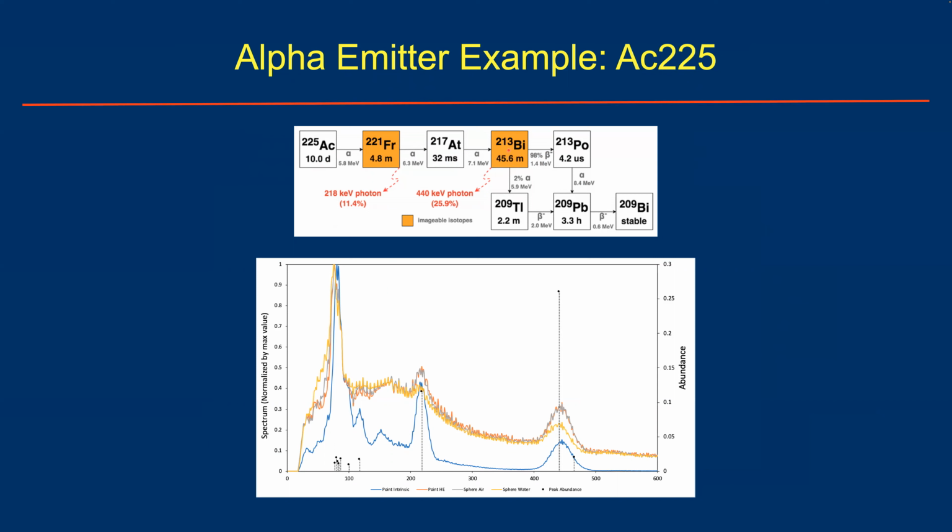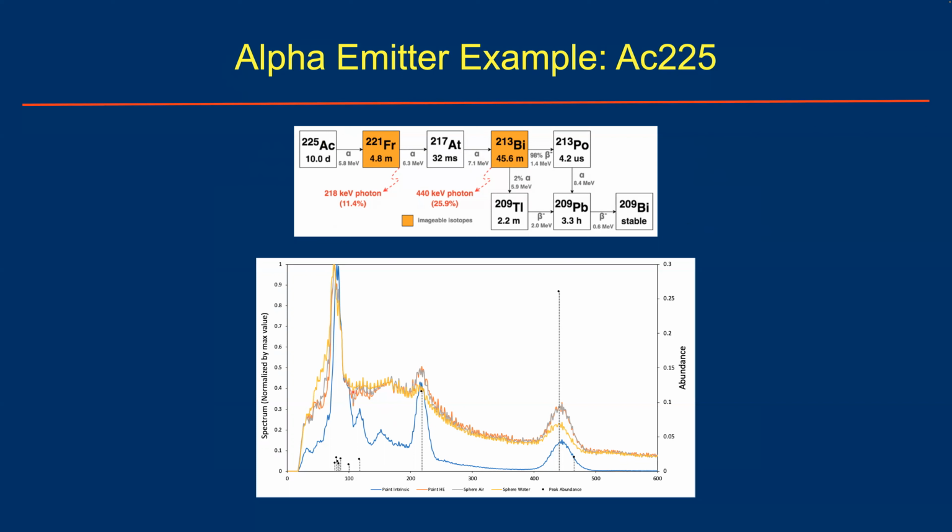For example, bismuth-213, which has a 45 minute half-life, can dissociate from the labeled chemicals and redistribute in the body. Then, in order to calculate radiation dose, we need to know both the distribution of the parent radionuclide and also the daughter radionuclides. So for this, we need to do multiple isotope imaging.